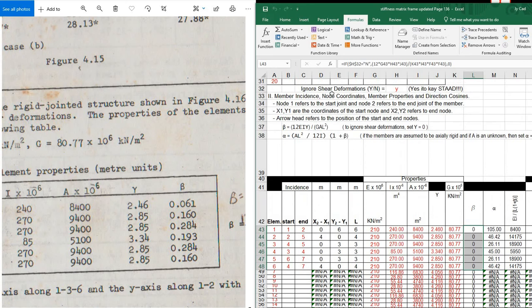Otherwise, if you will not ignore shear deformations, then that's the time na magkakaroon ng value itong beta. Okay? So, ayan siya. So, in short, we will ignore shear deformations kahit i-disregard mo na itong lambda tsaka yung beta factor na yan.